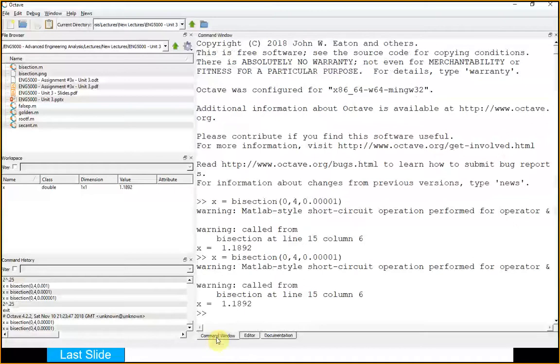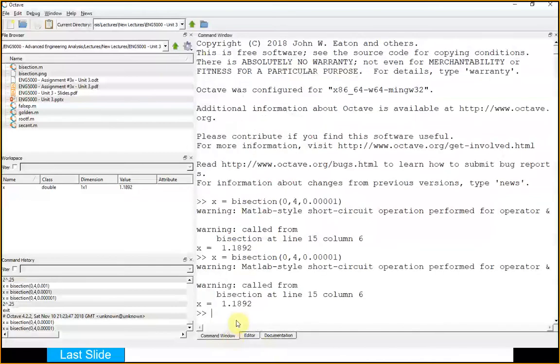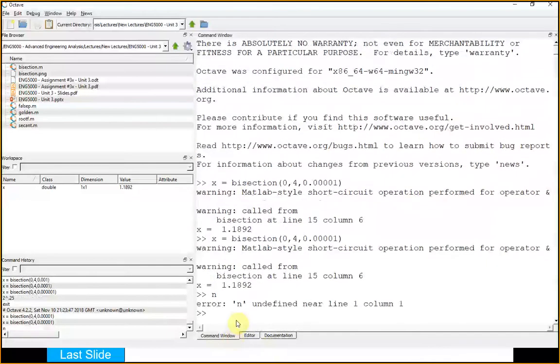What's going on here? Line 15, column 6. I don't see what the problem is. Unless there's something having to do with n. Is n a problem? I shouldn't be using n. Is n special? Nope, n is not a special thing.